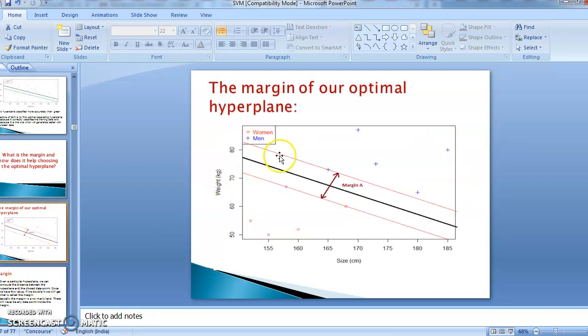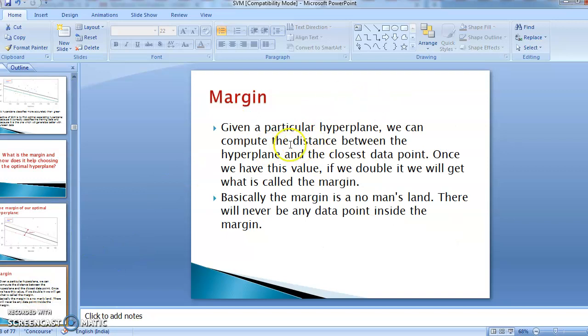The margin is the distance between the closest data point and the hyperplane. If you plot the same distance on the other side, you get the second margin also.